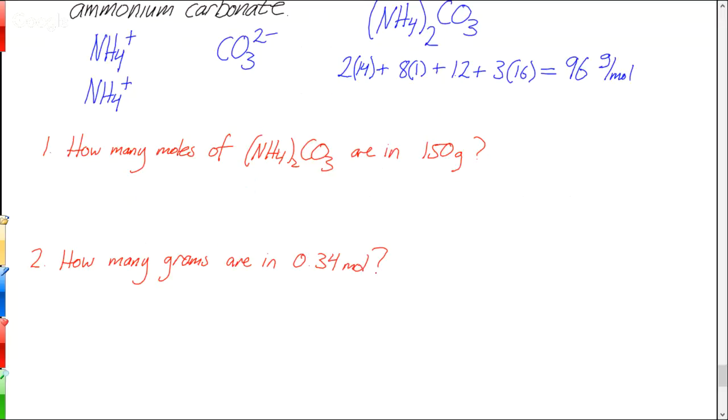All right, let's take a look at these conversions. We're going to use the same conversion factor, which is up here, and we just have to make sure we're interpreting it correctly. When we write a unit like grams per mole, as we did back in chapter 1 with density, that means 96 grams per 1 mole.